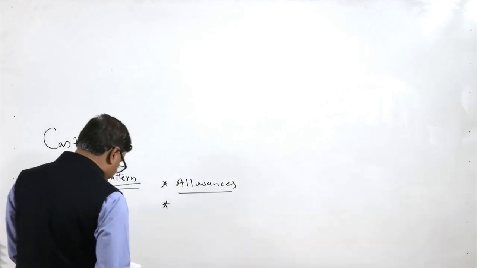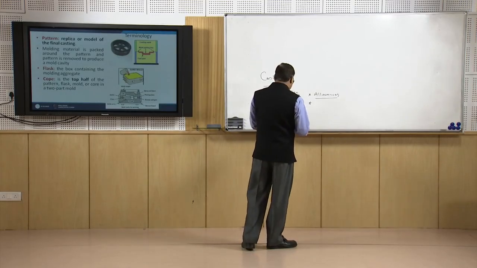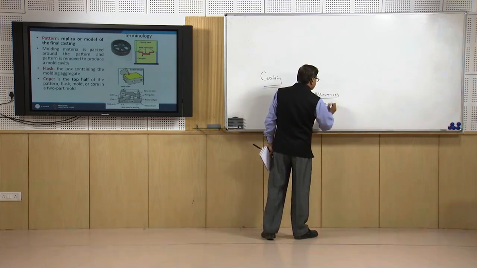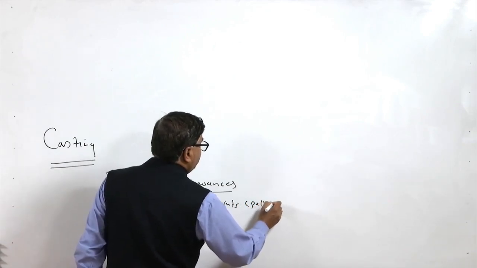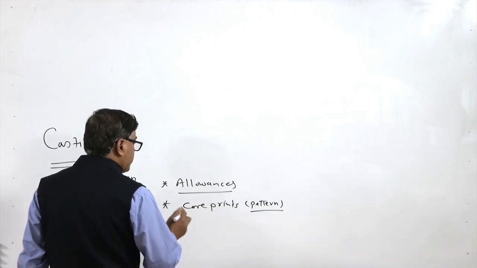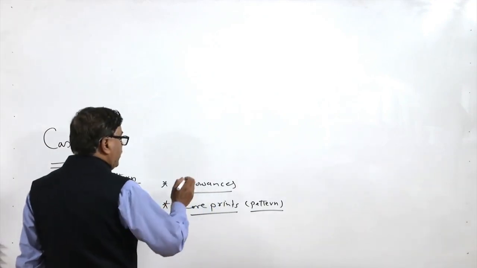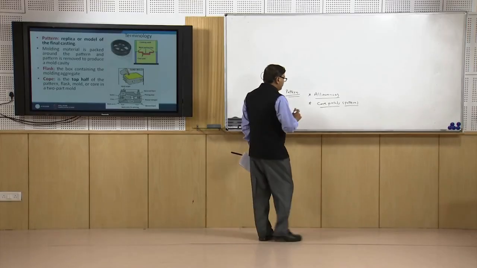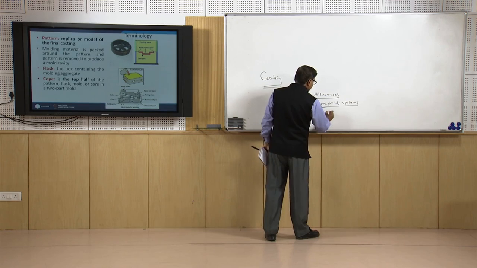In addition to the provision of allowances, we also make the core prints in the pattern. So, the pattern will have a different size and shape due to the core print. The core print feature is incorporated in the pattern itself. Because of the allowances, the dimensions become different.